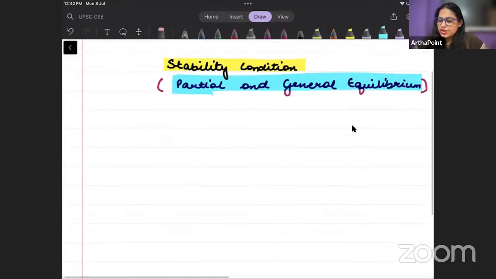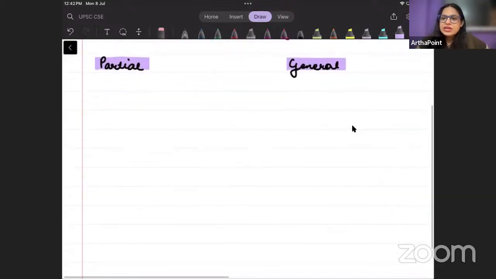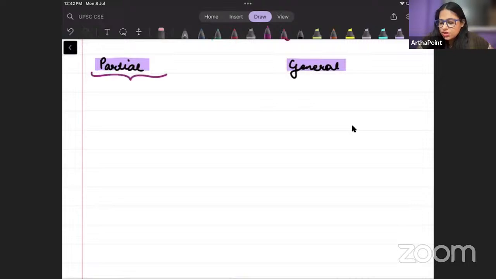Now, first of all, let us try to understand what is the meaning of partial and general. So when we say partial equilibrium, it means that we are considering one market at a time.